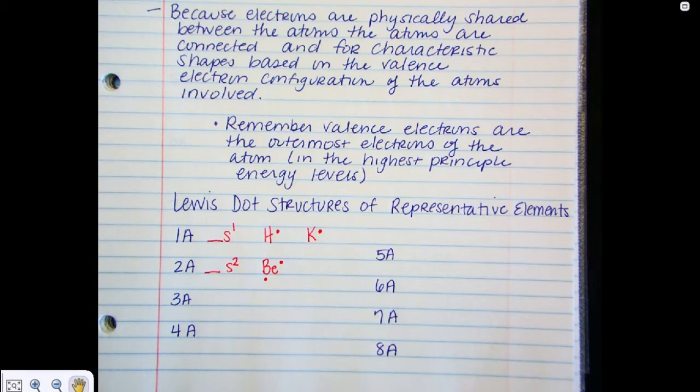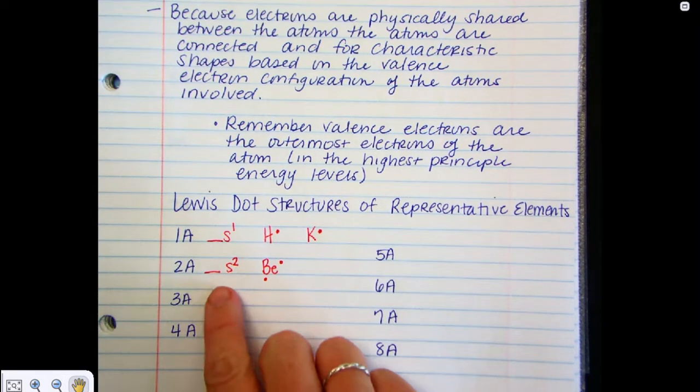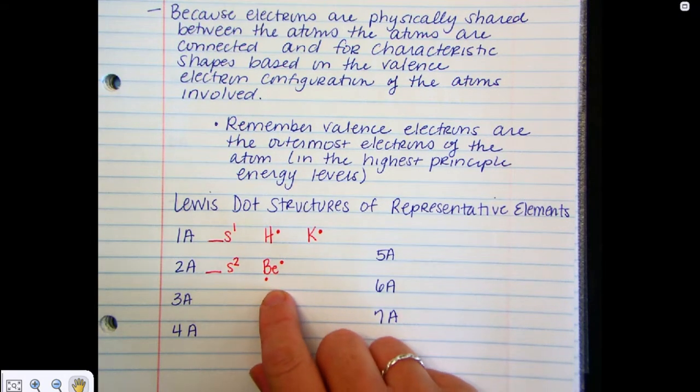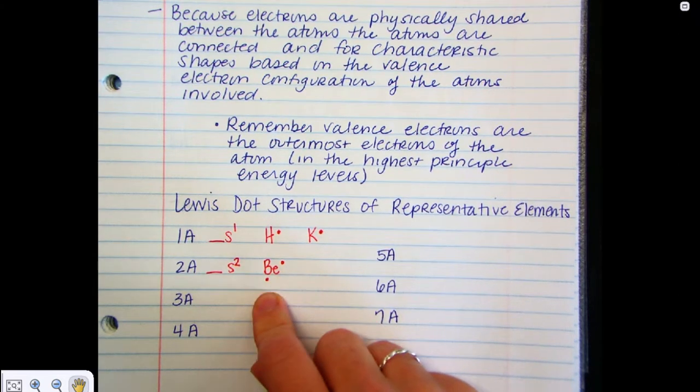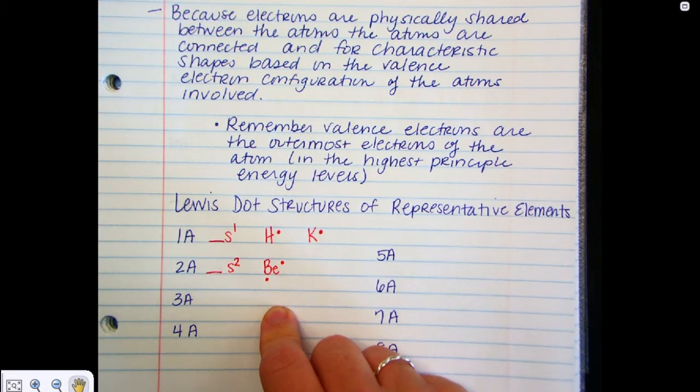The reason that they're not paired up is that in the 2s level, which is where beryllium starts, and everything further down, they also have access to a P. So even though I'm not writing anything in the P, they have access to the P, so they're able to spread out. So it's important to know that they are going to be single. We are going to fill these in single before we double them up, kind of like what we saw with Hund's rule when we were filling in electrons in electron configuration.